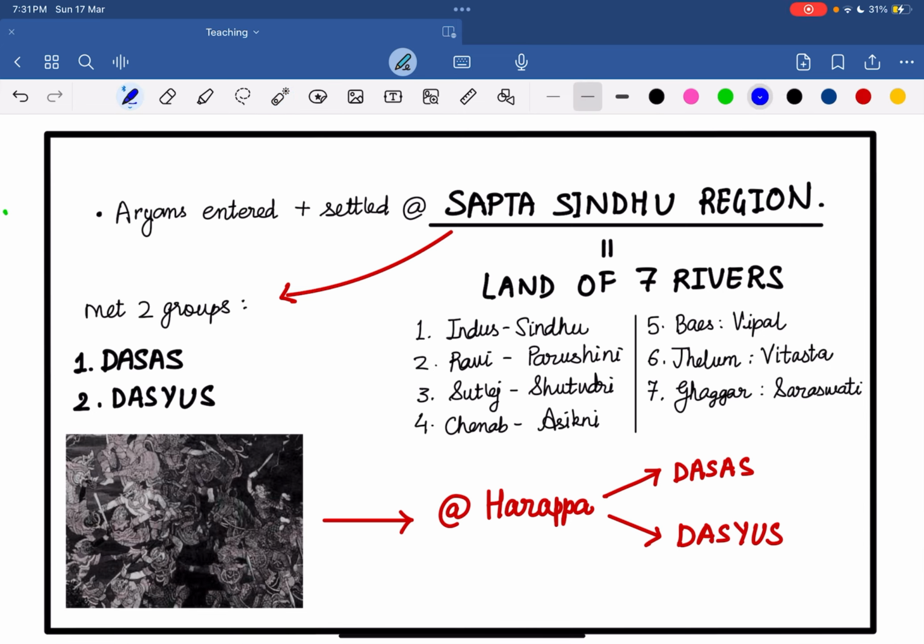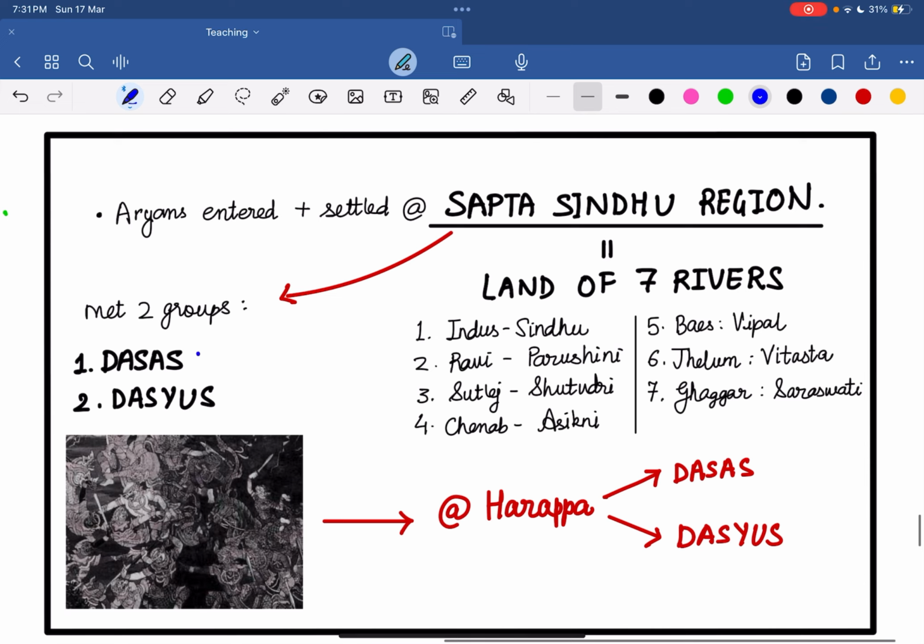So we are calling the Aryans that came before the Rigvedic Aryans to be called dasas. So technically these dasas were nothing but pre-Aryans, we can say. And dasyus, they gave the term to Harappans, or we can also call them non-Aryans.